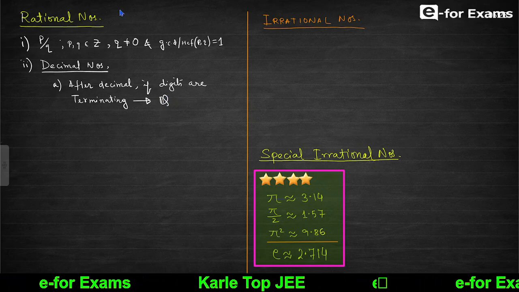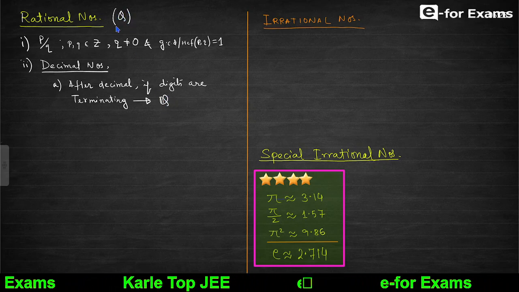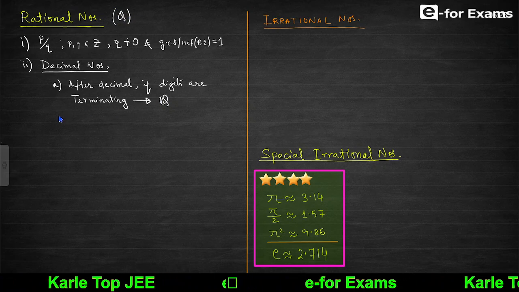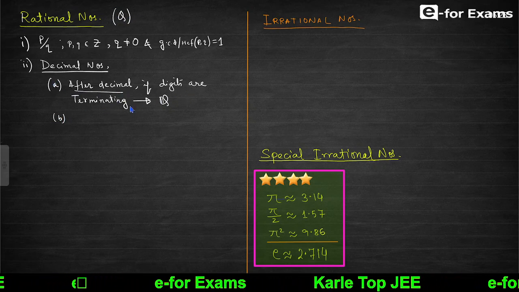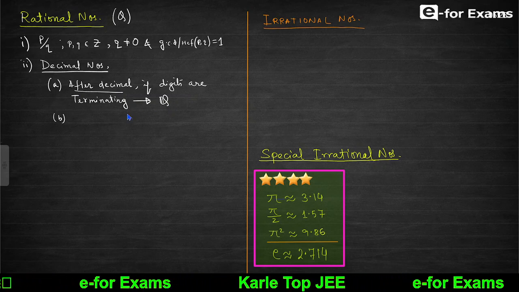Rational numbers are represented by Q. After decimal, if the digits are terminating, then we call it a rational number.